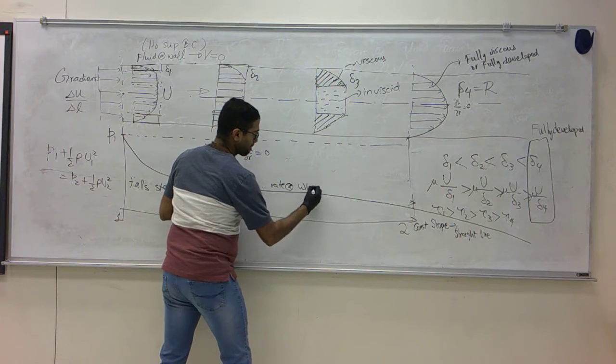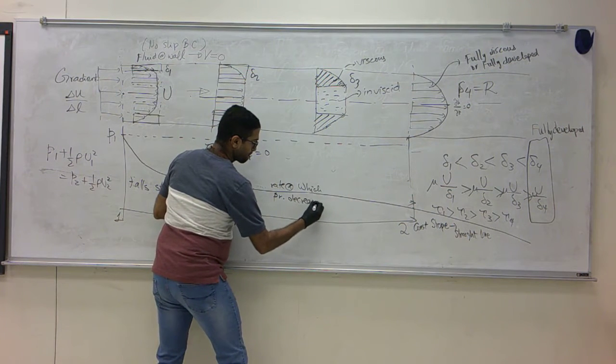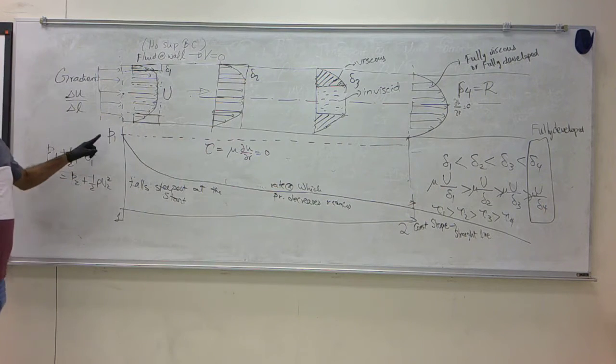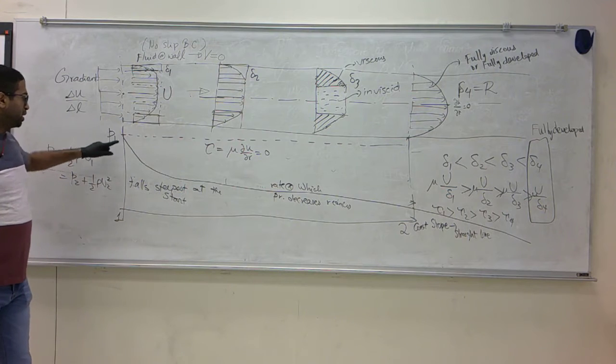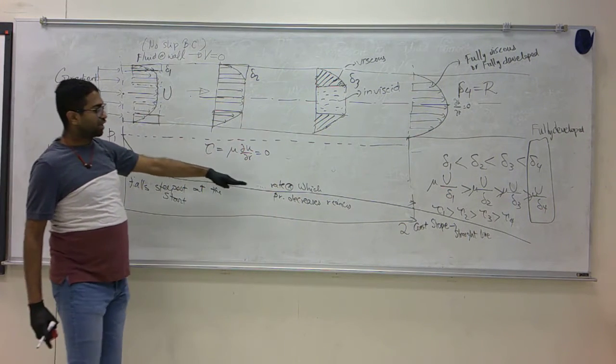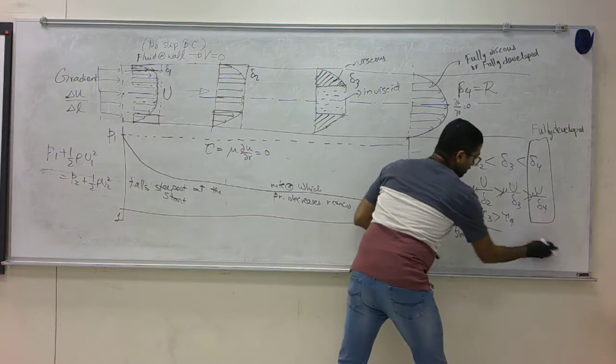I am plotting pressure here, I am not plotting the rate at which pressure falls, I am plotting pressure. It falls the steepest at the beginning, it tapers off, and then reaches a constant rate in the end.